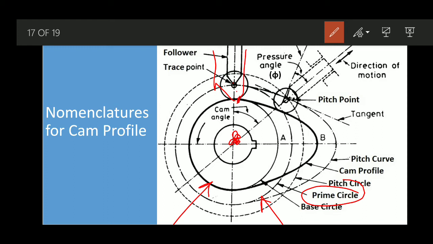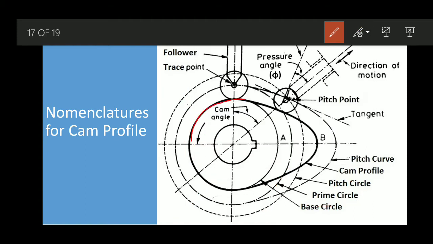But if we discuss the roller follower, the prime circle is larger than the base circle. As you can already see, this one is the base circle and this one is the prime circle. So the prime circle is larger than the base circle by an amount equal to how much?